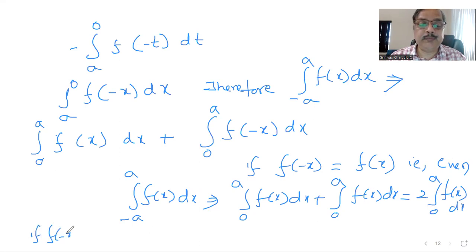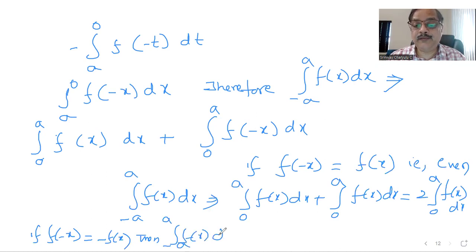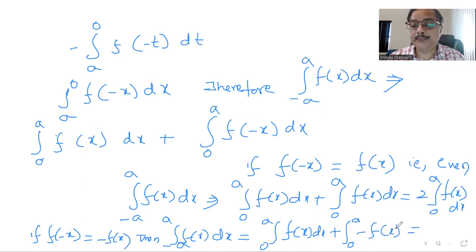If f of minus x is equal to minus f of x, then integral minus a to a f of x dx is equal to integral 0 to a f of x dx as it is. In the place of f of minus x, we have to write minus f of x, so this and this get cancelled to 0.